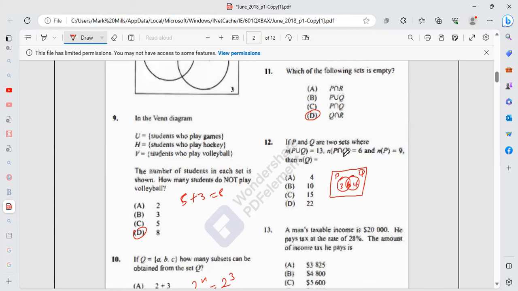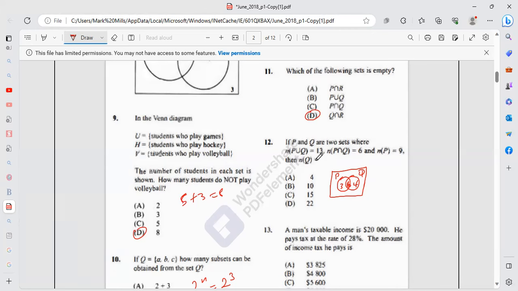Look at it again. The intersection is 6, right? Everything in P has to add up to 9, so with the 6, you have 3 left for P only. And when you add P and Q, everything should add up to 13. So 6 plus 3 is 9, plus 4 gives you 13.